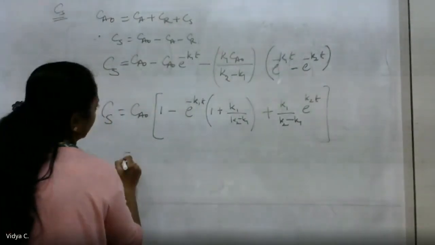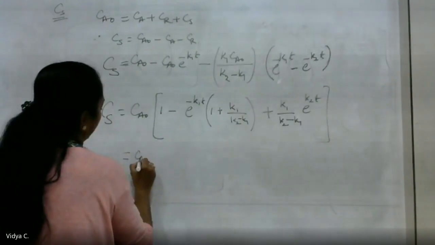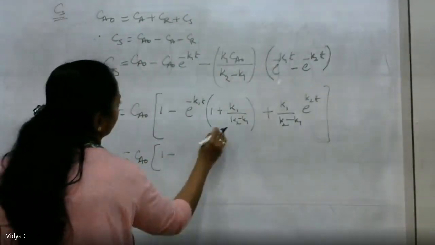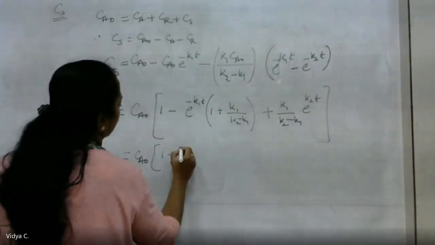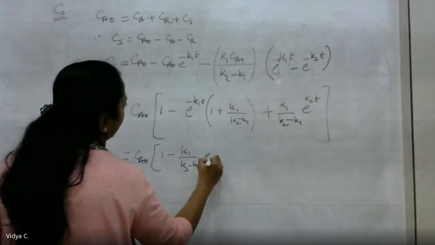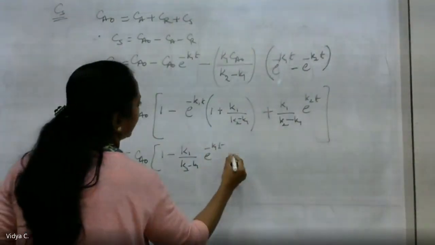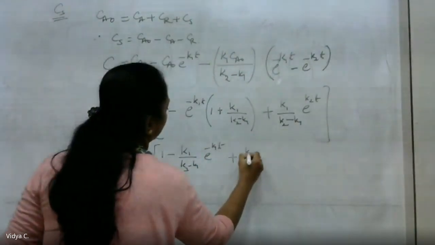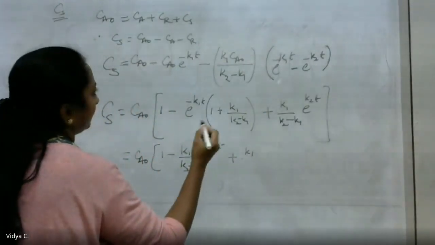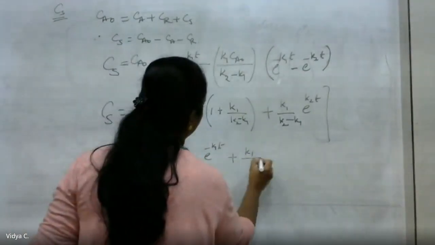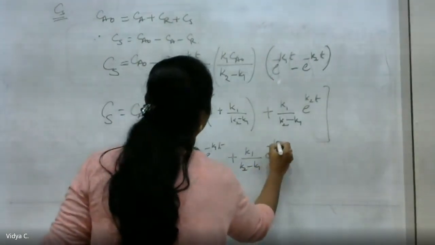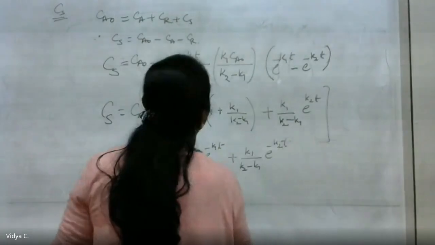Okay. So this will be CA naught into 1 minus. So K2 minus K1 gets cancelled. What am I left with? K1 by K2 minus K1 e to the power of minus K1t plus K1 by K2 minus K1 e to the power of minus K2t.